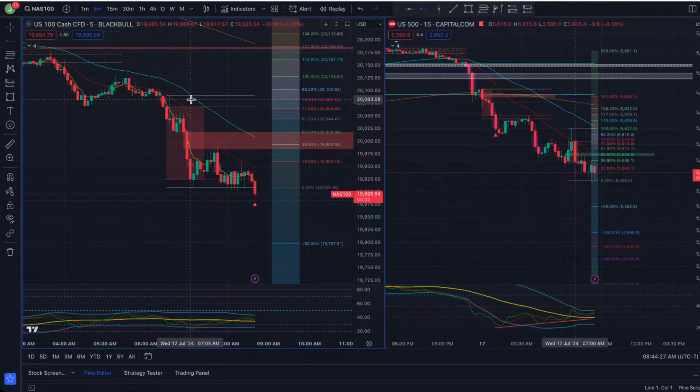34 seconds left. We should be getting our confirmation, unless it pulls back. Let's see.